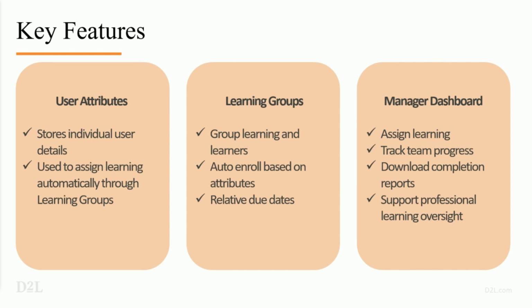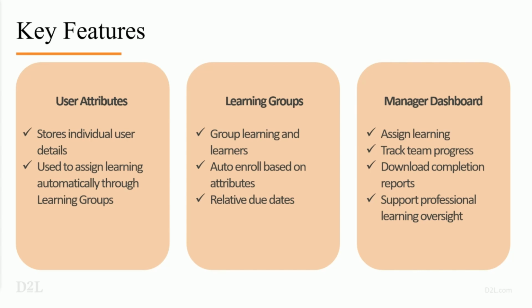Here are key features of each tool. User attributes stores individual details such as role, team, department, and more. These attributes can be used to automatically assign learner-specific courses through learning groups. Learning groups automatically group users based on shared attributes and enroll them in relevant courses with relative due dates.